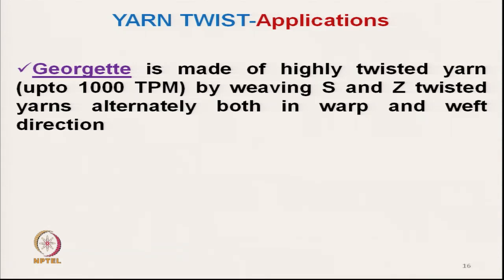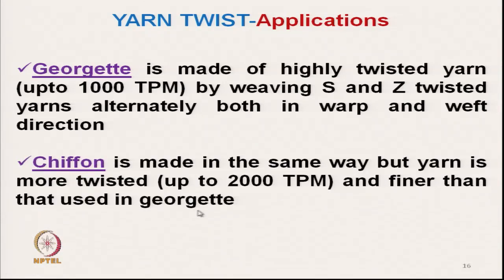Now, there are a few practical applications where we use high twisted yarn to get specific characteristics of fabric. Here we will give two examples which are very commonly used, one is georgette, another is chiffon.